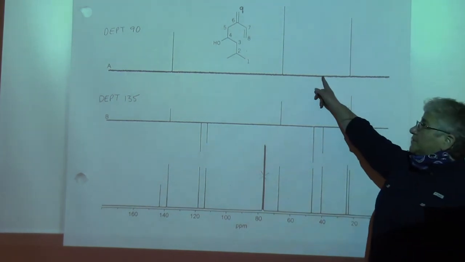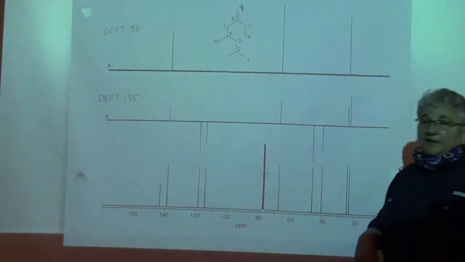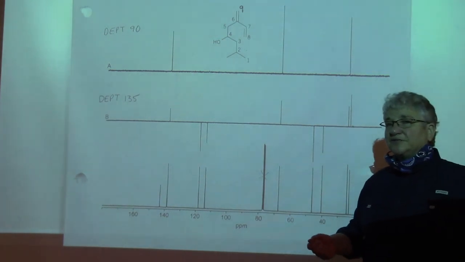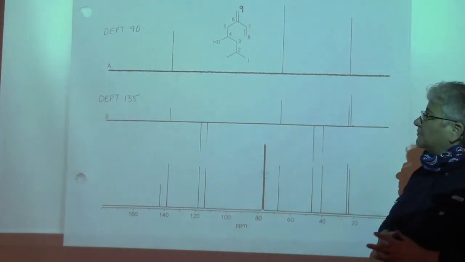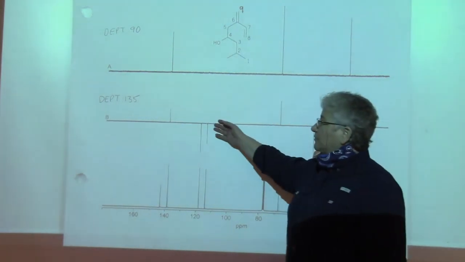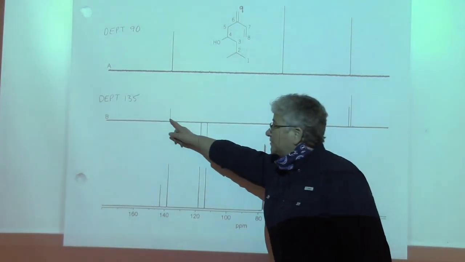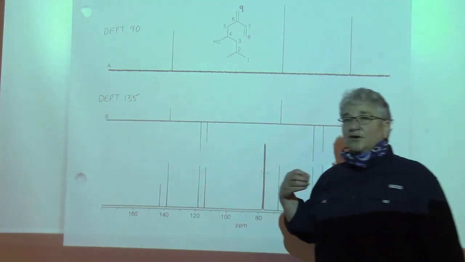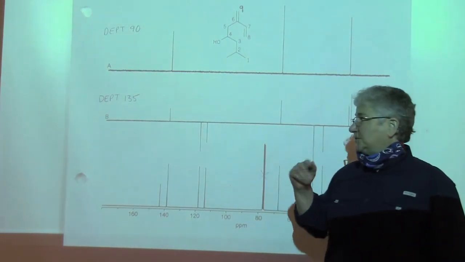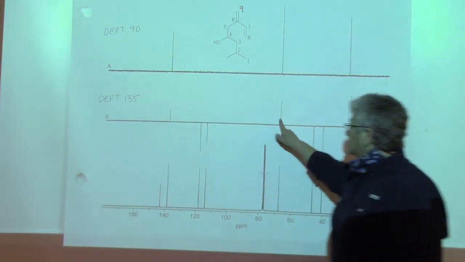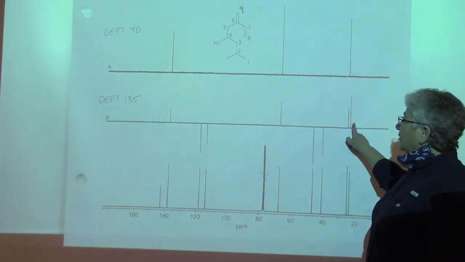And then we had a depth 90, and remember in a depth 90, the only types of carbons that we see are carbons with 1 hydrogen on them. So in this case, there are 3. And then in the depth 135, in the positive direction, you see carbons with 1 hydrogen and carbons with 3 hydrogens. So in this case, we see 1, 2, 3, 4.